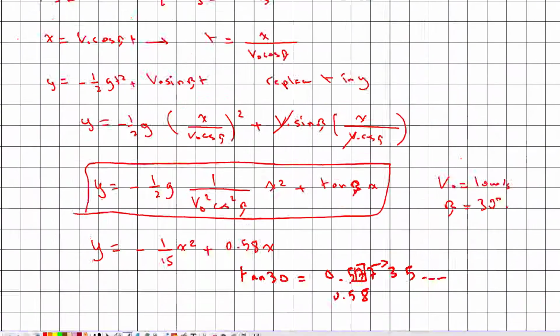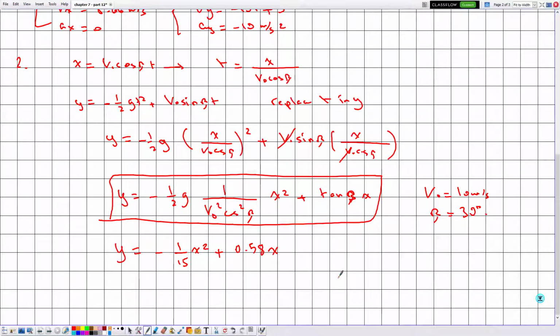Okay, and I will be rounding to the nearest second significant figure for the rest of this exercise. Now this is the equation of the trajectory, and let me write it here.